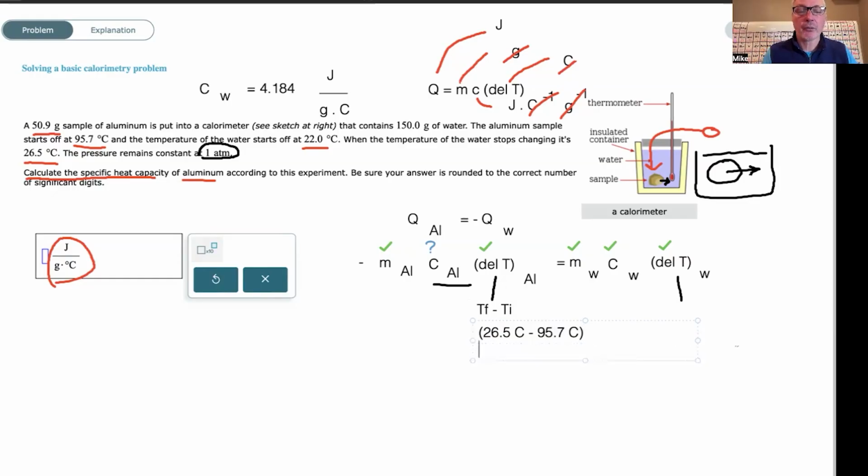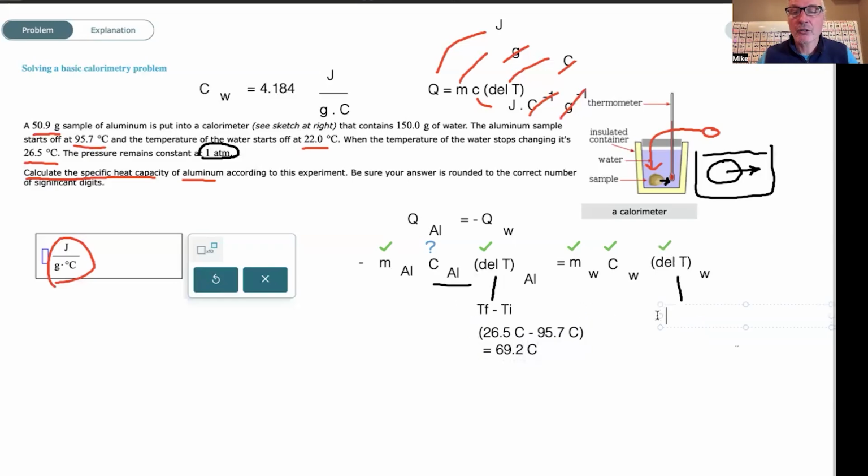What does that equal? That's going to be 26.5 minus 95.7, which is negative 69.2 degrees C.